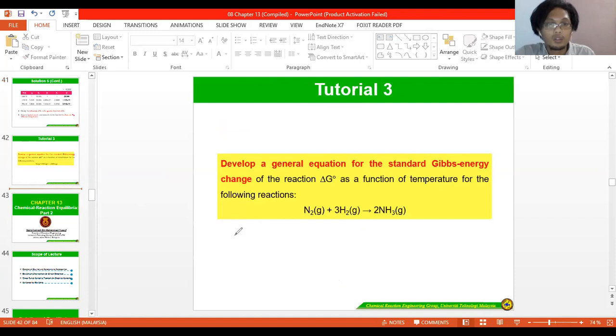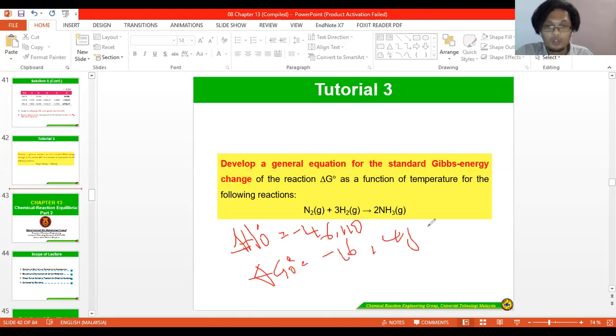Okay. Delta H naught equal to negative 40,610. Delta G equal to negative 16,450.